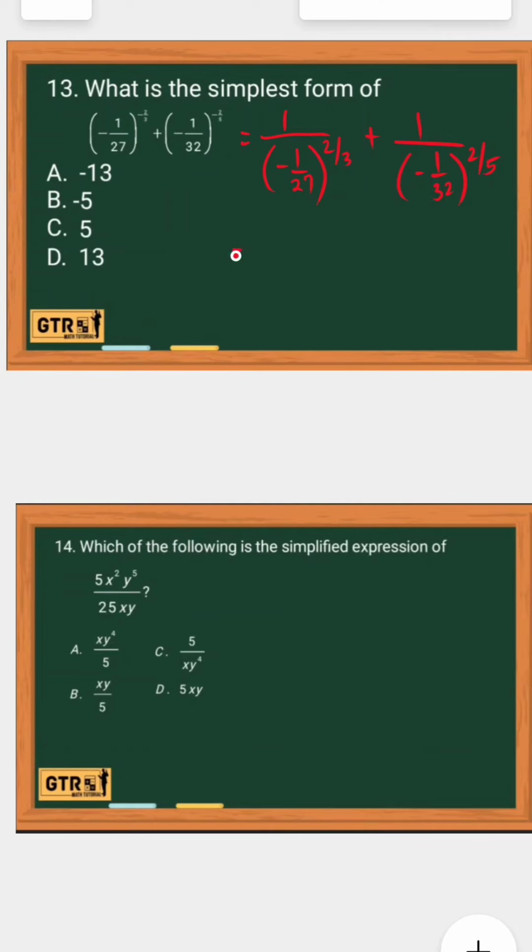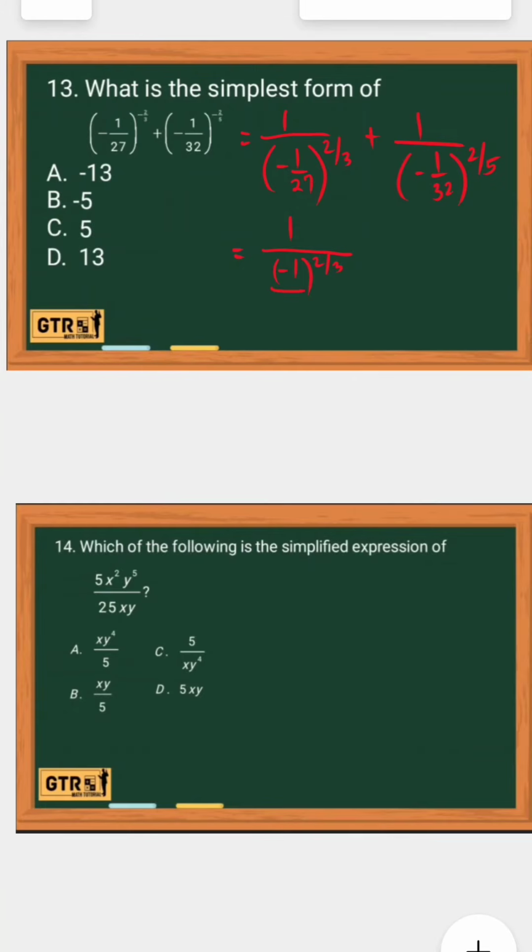So ngayon, i-distribute natin ang exponent natin. So therefore, we have 1 over, so yung negative, ilagay natin sa denominator, pwede na rin naman sa numerator. So negative 1 raised to 2/3 tapos 27 raised to 2/3. Okay, so we have, distribute lang natin, negative 1 raised to 2/3.